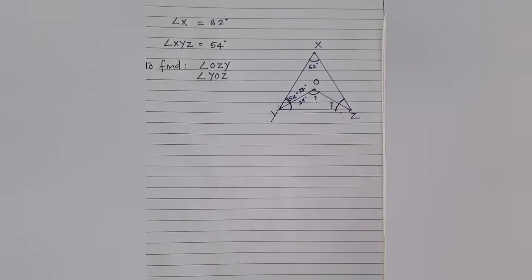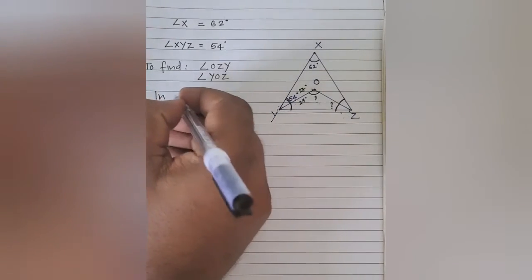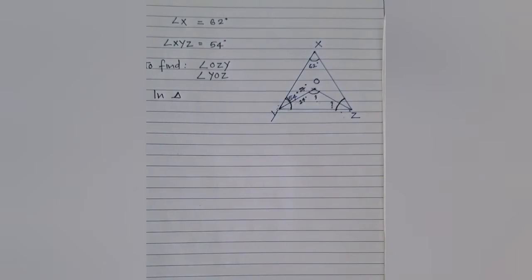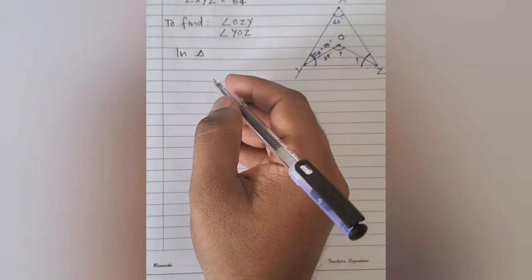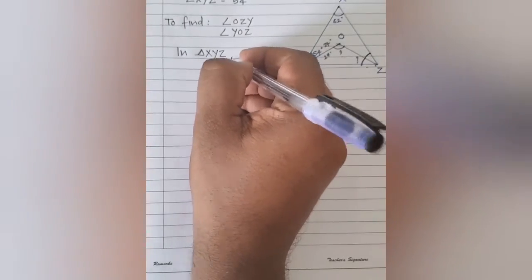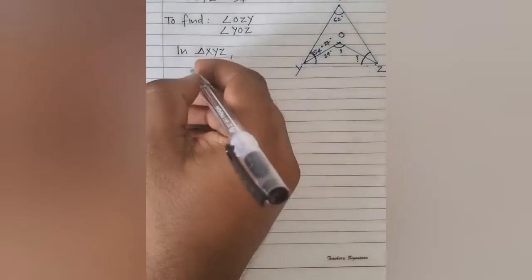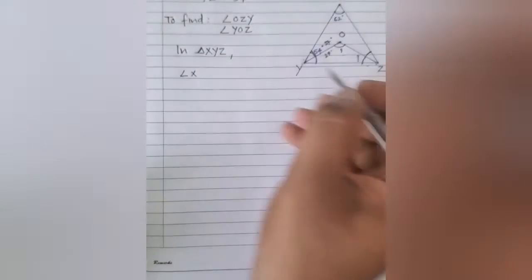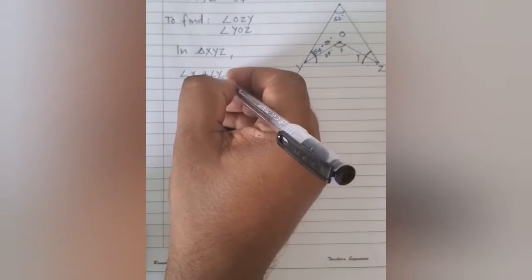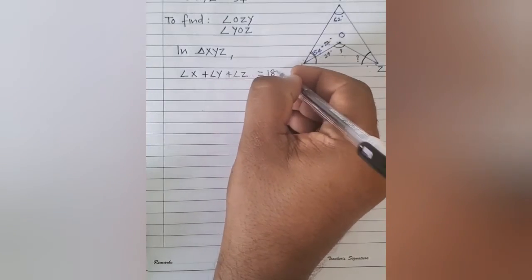Now, I'll proceed with the given data. I'll take triangle XYZ, the bigger triangle XYZ. Angle X plus angle Y plus angle Z should be equal to 180 degree.